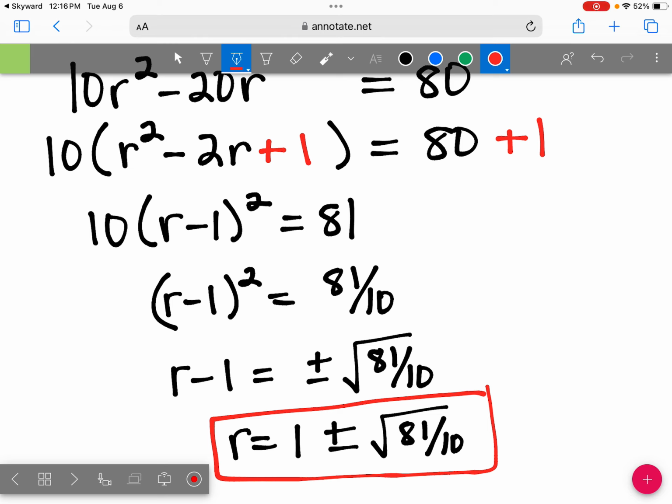So, I didn't really get into that yet, and I haven't talked about it because I thought that would be too much to introduce when I'm already doing something new. But what you have is the square root of 81 over 10, right?